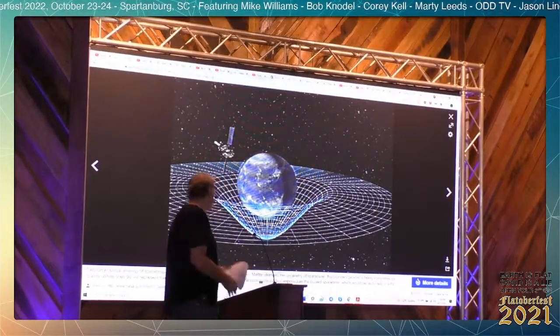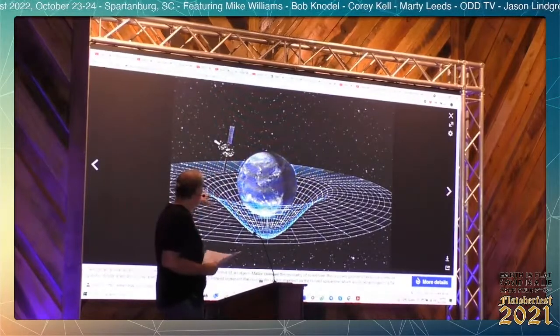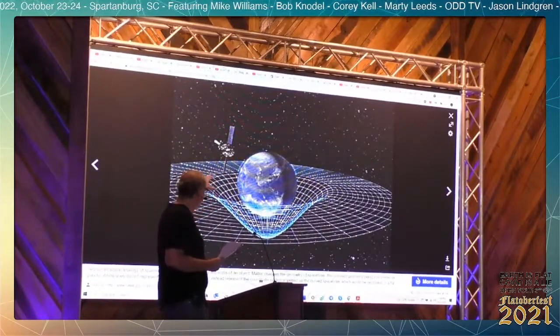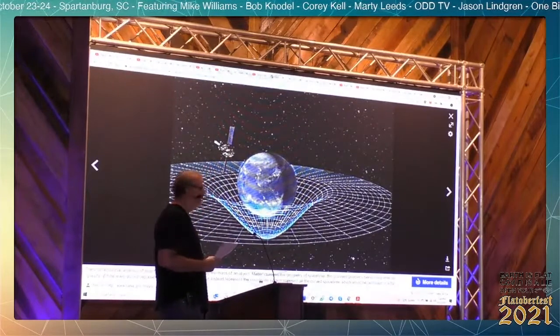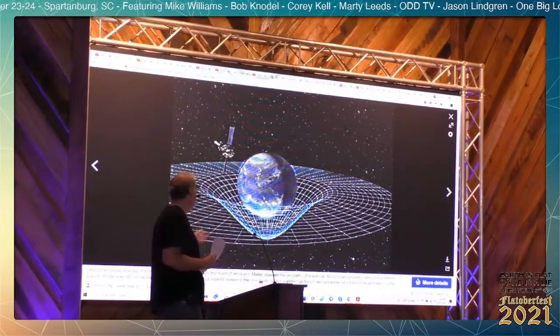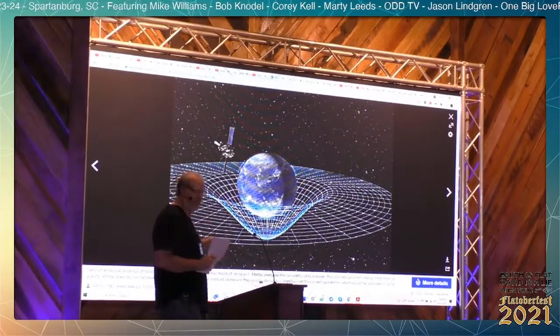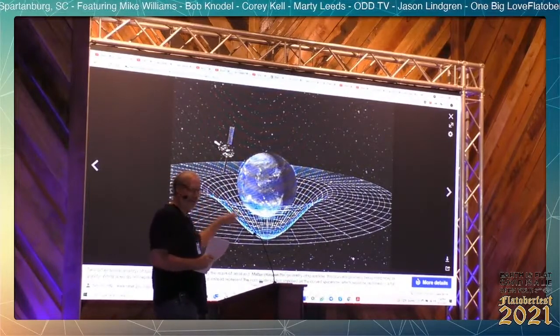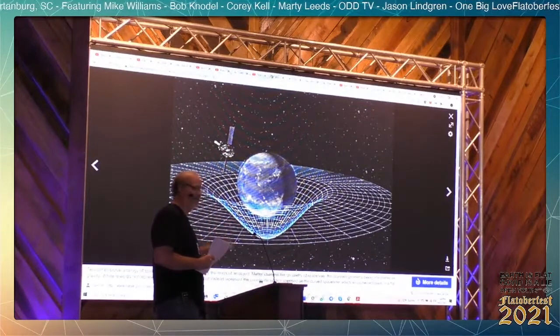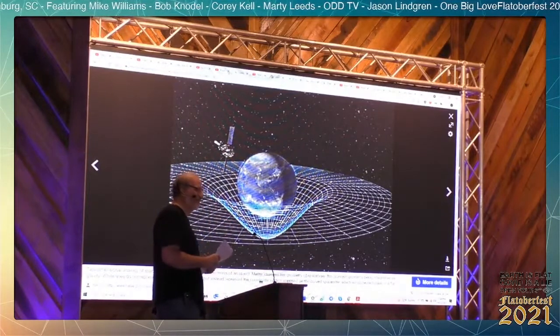And of course, as we're looking at this, we're seeing the fabric of space bend because Earth is exerting this mass, and it's causing the space to bend. But isn't it interesting that this space seems to go in a downward direction? What about up or left or right or all the other directions it would seem to bend space in?